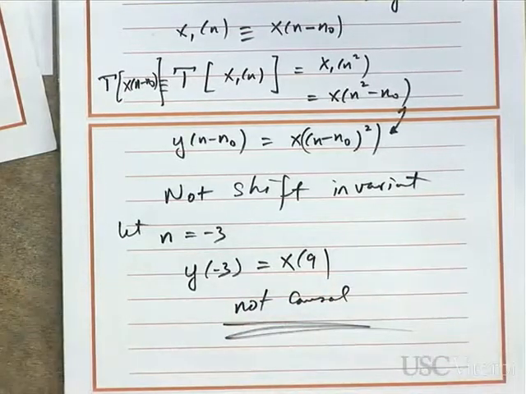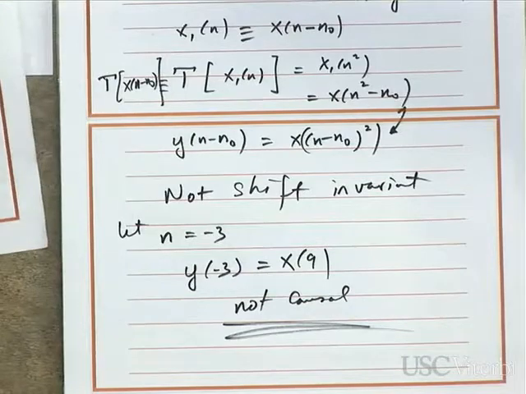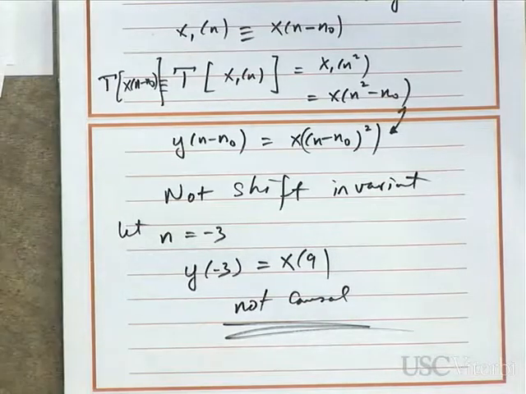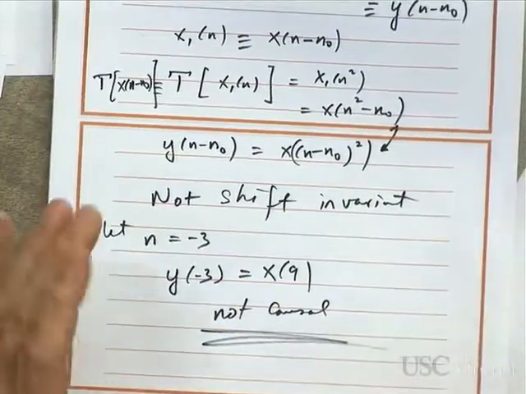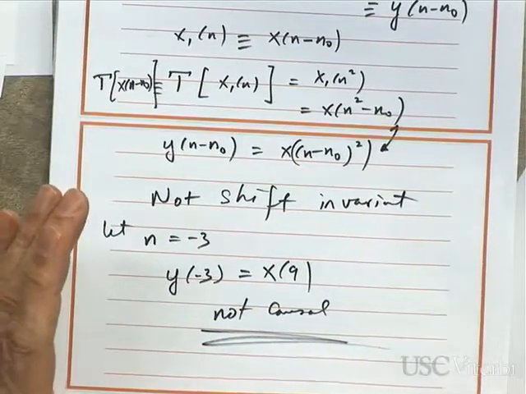So, very, very interesting. Make sure you go through these examples, and then you can start to become an expert at determining whether a system is shift invariant or not.